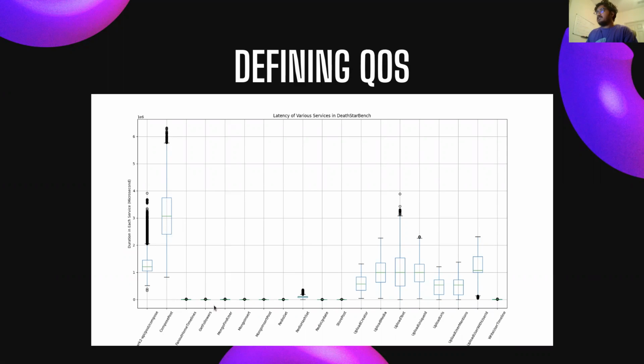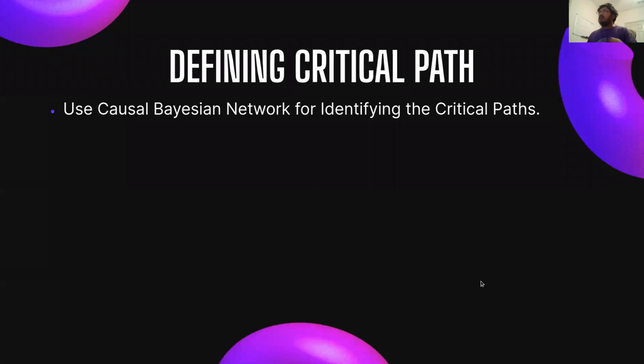Now, all of these things, which is your Mongo user, Redis get, are pretty much database or cache operations, and they hardly ever cause violations. But still, because we determine the 95% criteria, you can see that there are some violations that have occurred in all of these nodes. So now, keeping in mind the definition of QoS, let's see what a critical path is.